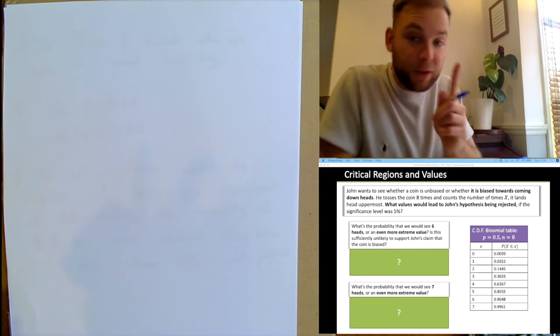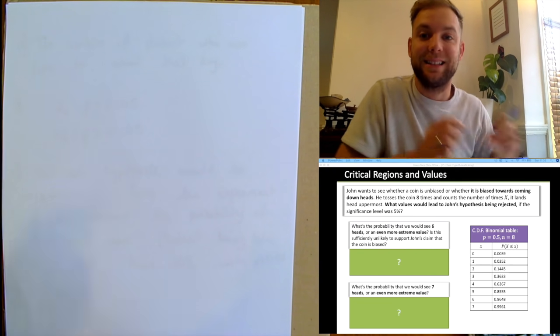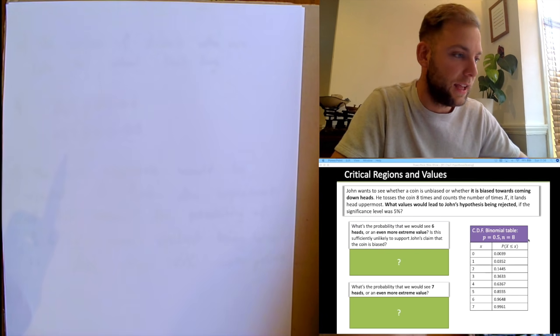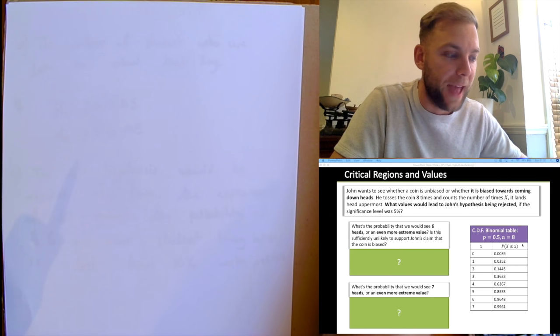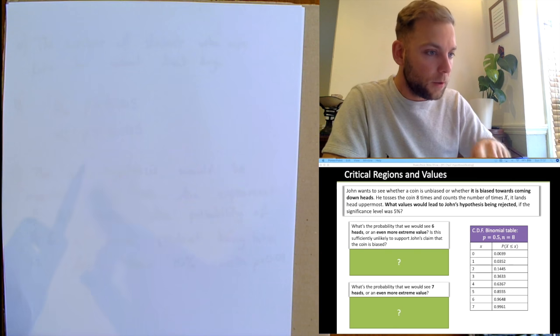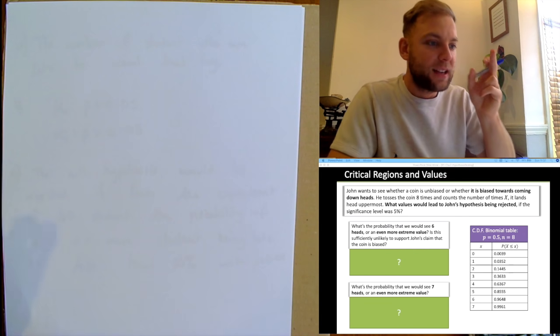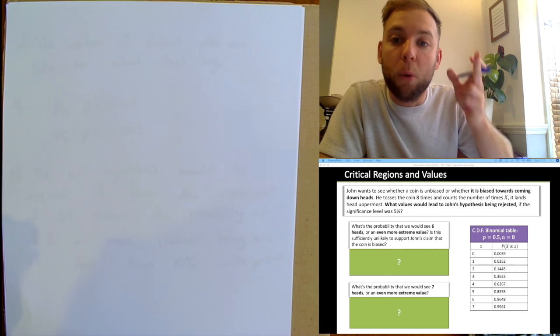Now, there is a problem with this, and the problem is that this data is discrete. And if you notice here on this part, it's the probability of x being less than or equal to a value. Because we're dealing with everything which is higher than this, it says the probability we would see 6 or even more extreme values.